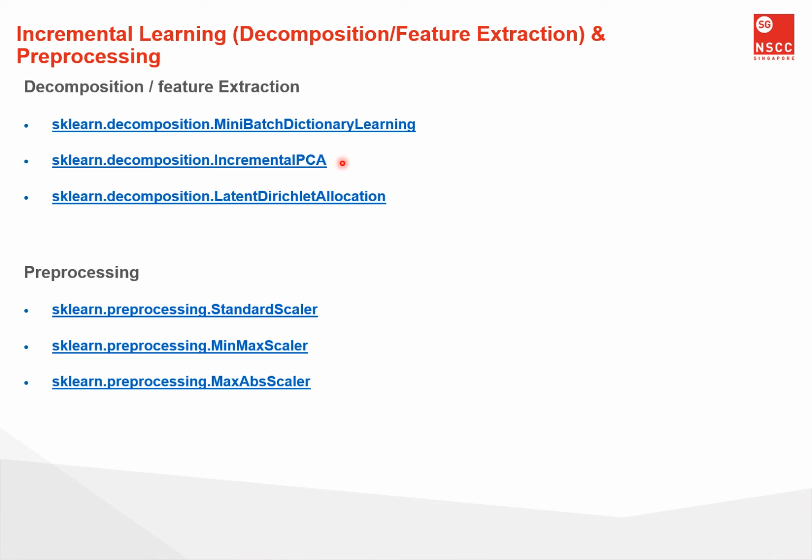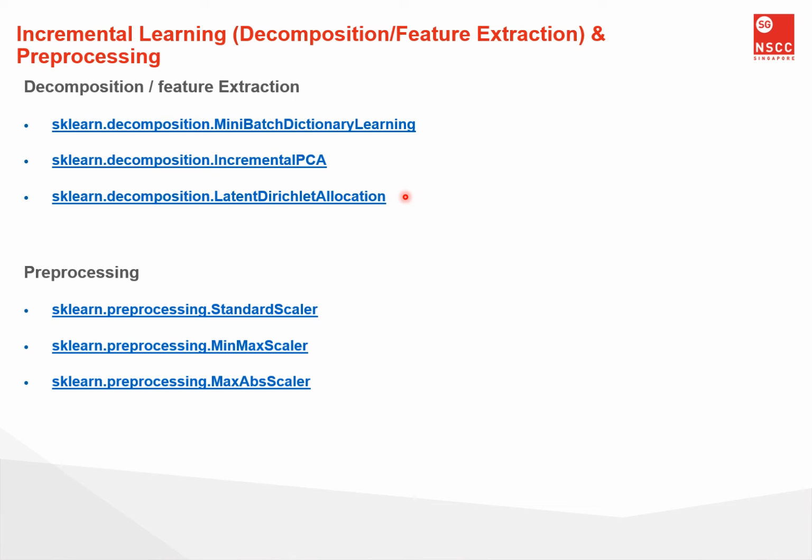This allows for partial fit, so you can do the PCA computations a batch or chunk of data at a time. This is very useful to extend the PCA beyond smaller data sets into very, very huge ones. Then we have the latent Dirichlet allocation, or LDA.